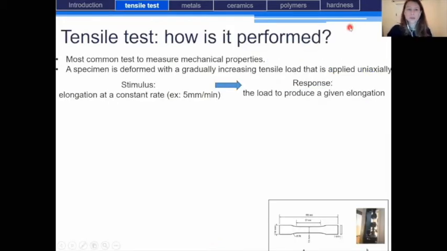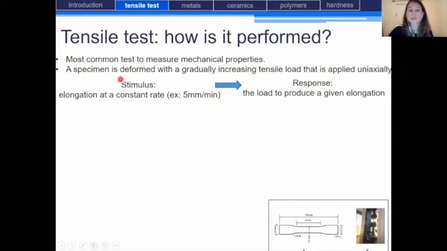So in that class, we will describe the tensile test, which is the most common test to measure mechanical properties of materials. So we are going to see how is it performed. So in that case, we will have prepared a specimen following the technical standards for the dimension and shape.